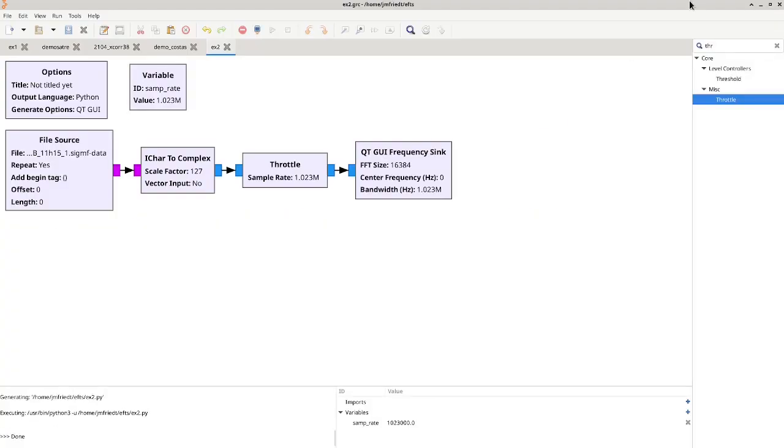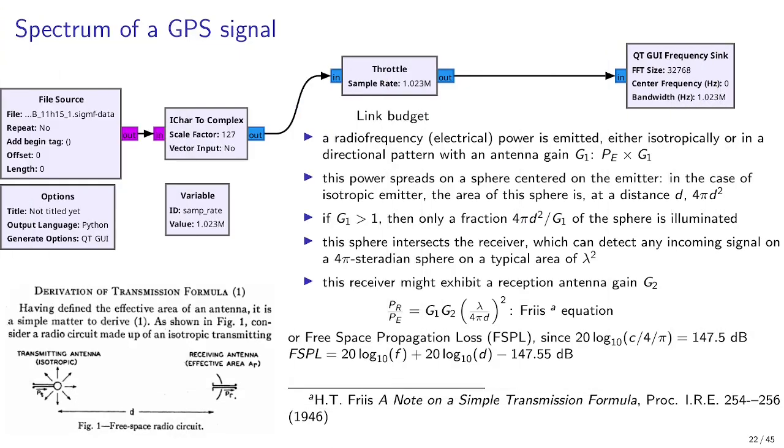The analysis of a link budget indeed demonstrates that GPS is below thermal noise by considering the Friis equation, where the energy broadcast by the satellite decays as d squared, because energy conservation spreads the energy over the sphere of area 4 pi d squared, and this sphere over which energy is spread intersects the receiver antenna of typical dimension lambda squared.